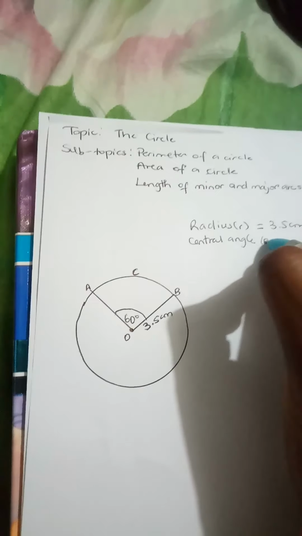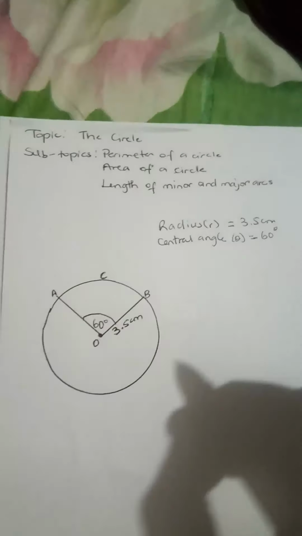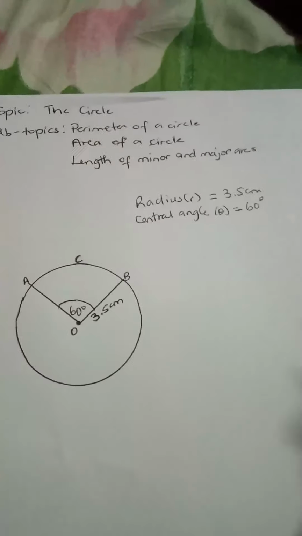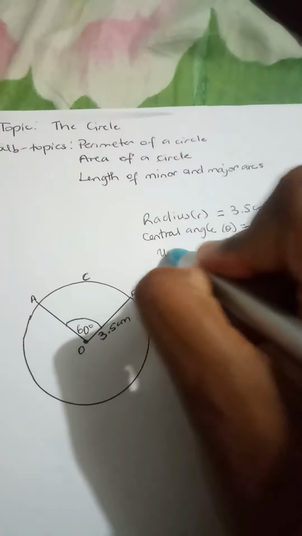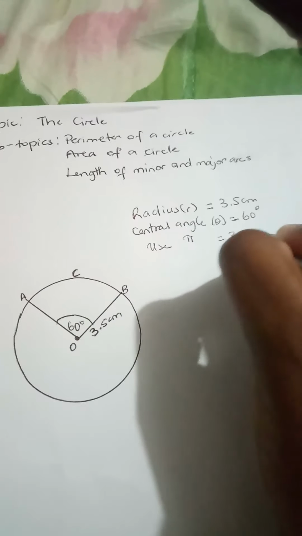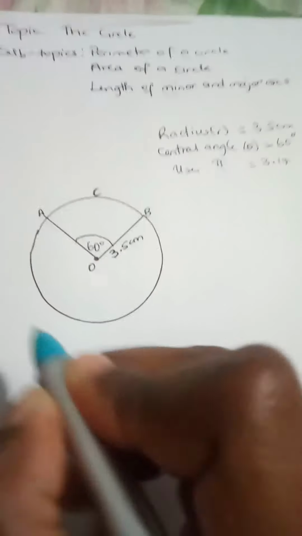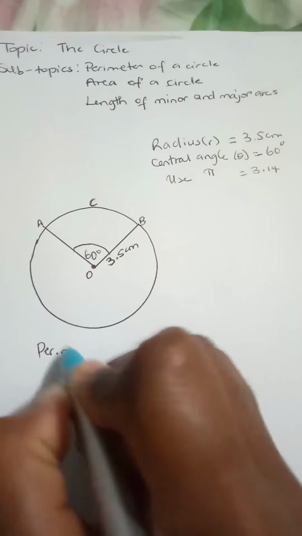We can refer to that as theta, and that is 60 degrees. Alright, so that's the only information we're given regarding the circle, and we're going to use pi as 3.14 in our calculations.